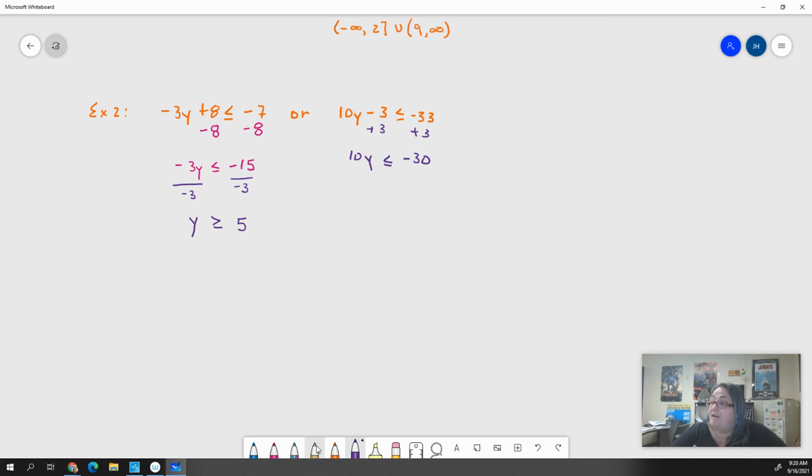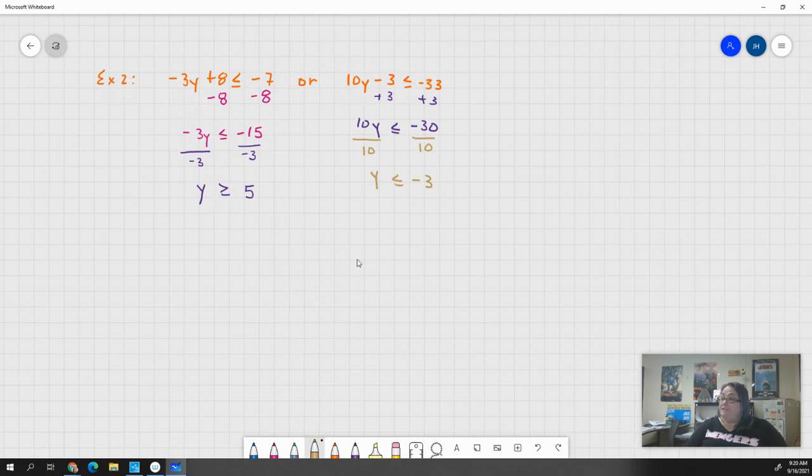Now I've just got that 10 being multiplied to it. So I'm just going to divide by 10. I don't have to flip my sign because I'm not dividing by a negative number. So I'm going to be left with y is less than or equal to negative 3, right? Negative 30 divided by 10 is negative 3.